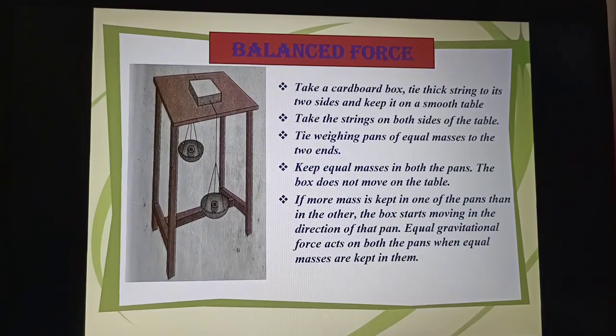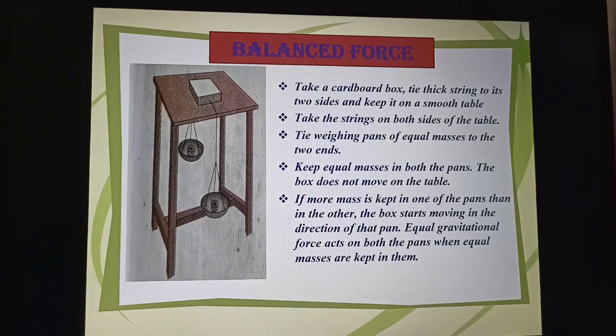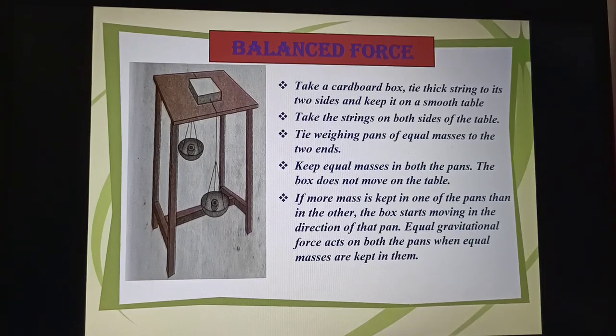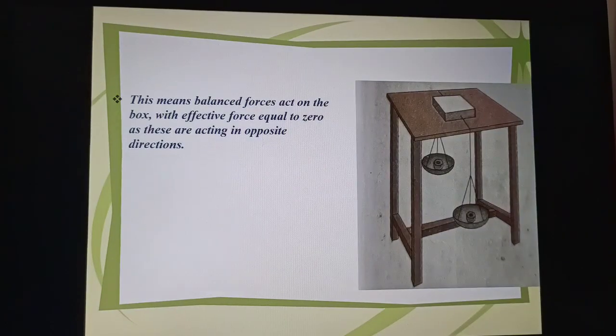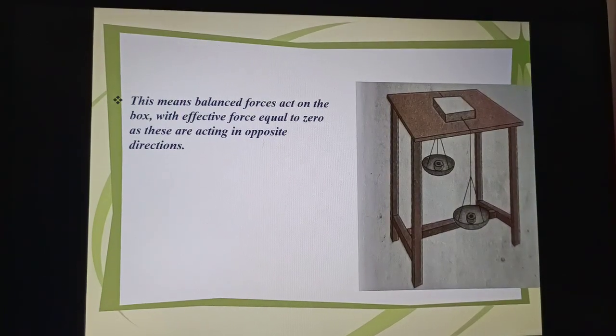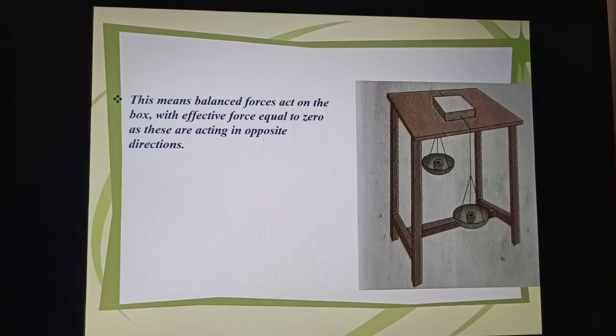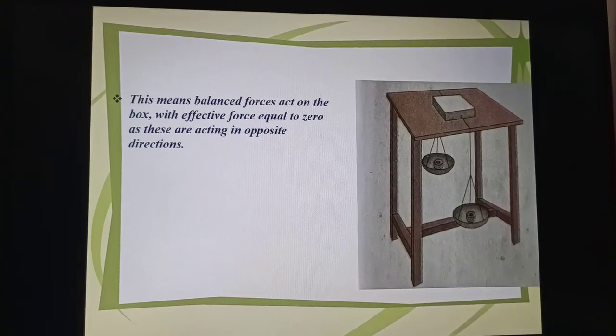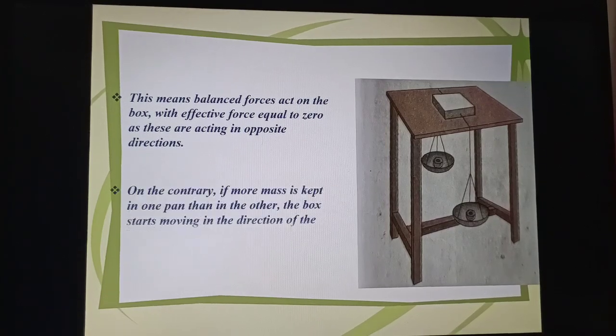If more mass is kept in one of the pans than in the other, the box starts moving in the direction of that pan. Equal gravitational force acts on both the pans when equal masses are kept in them. This means balanced forces act on the box with effective force equal to 0 as these are acting in opposite directions.